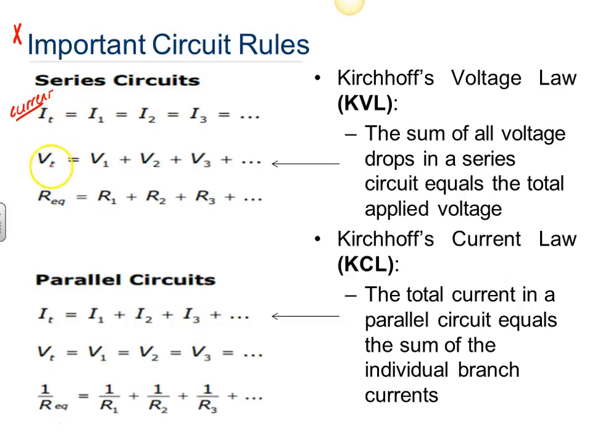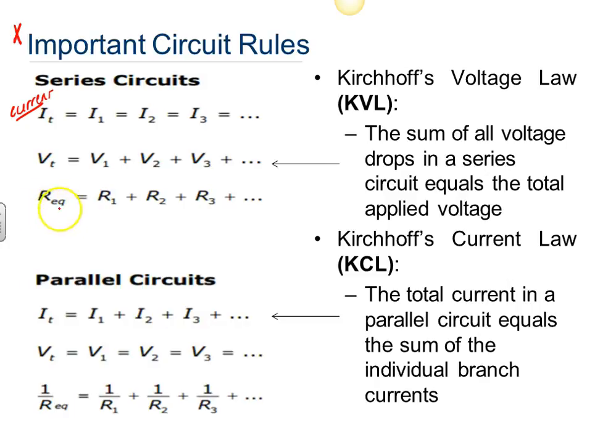The total voltage is equal to the sum of the individual voltages. As charge drops through, or as current drops through each individual component or through a resistor, it's like walking down steps from high energy to low energy. You're taking a certain amount of the voltage away, so to speak. So the sum of the individual voltages that the current steps through in the circuit equals the total voltage of the circuit, which is usually the battery or the source.